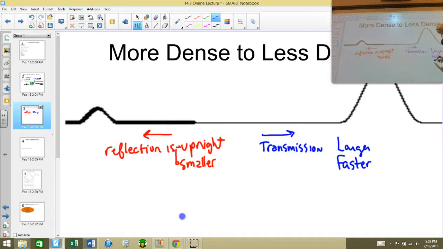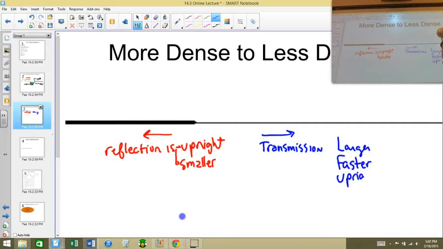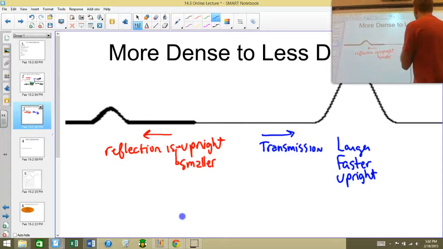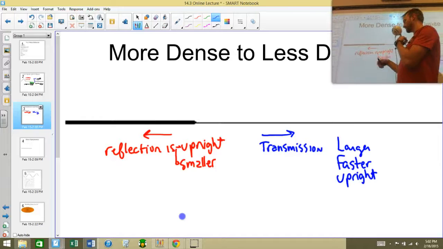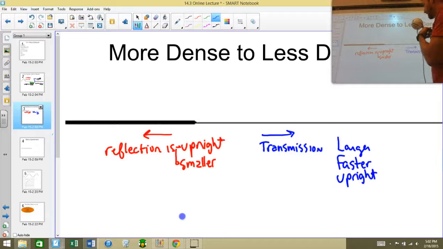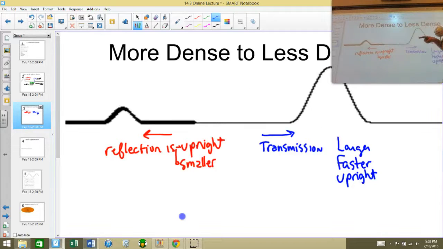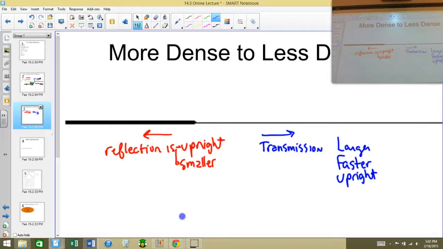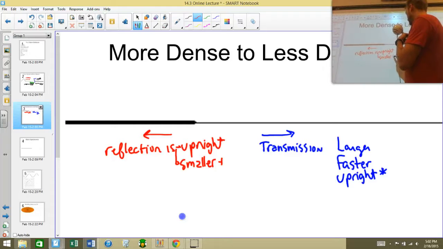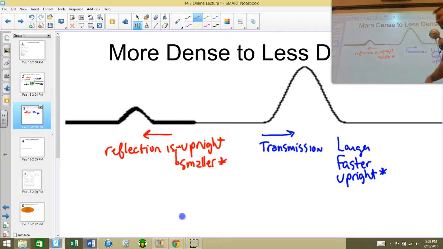And it's on the same side. So, similarities to going from a less dense to a more dense: the reflection is smaller, so that's the same as our last case, and the transmission's on the same side. That's the only things that are the same. Other than that, everything's opposite.